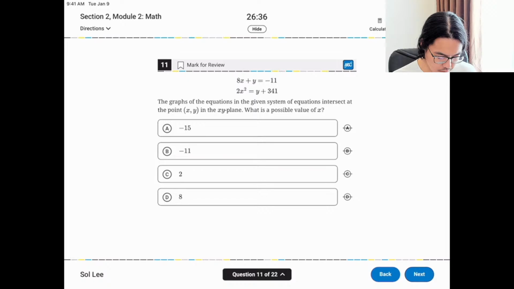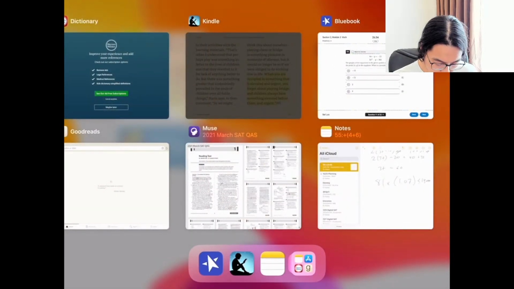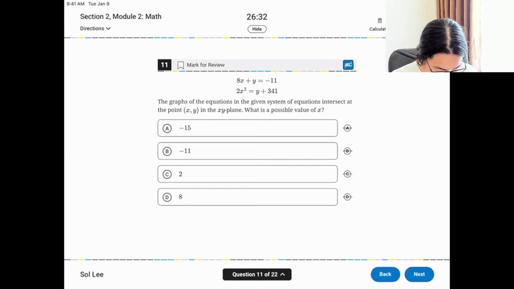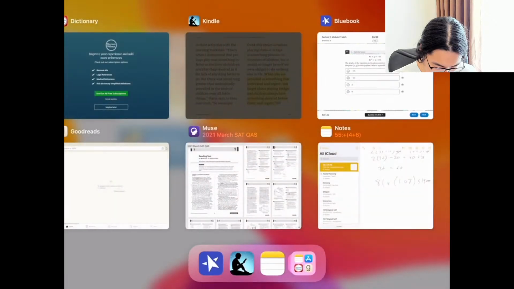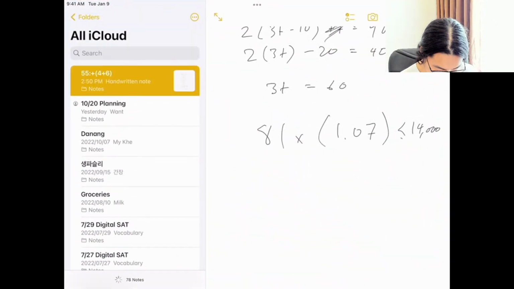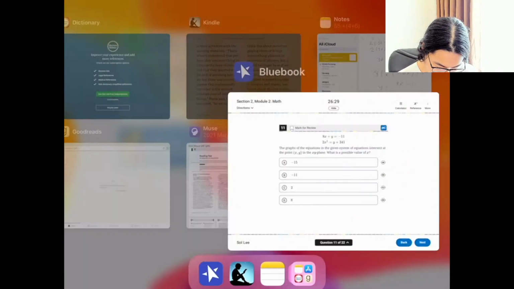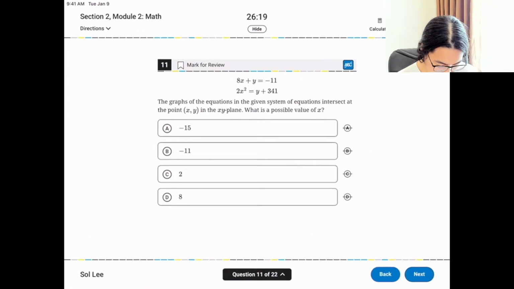Yeah. Okay. y is equal to minus 8x minus 11. And 2x squared is equal to y plus 341.